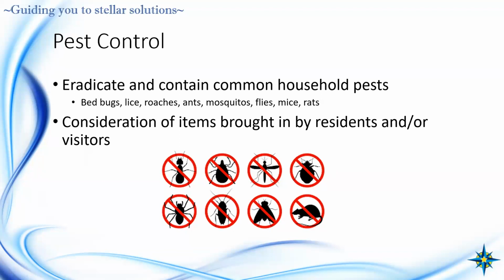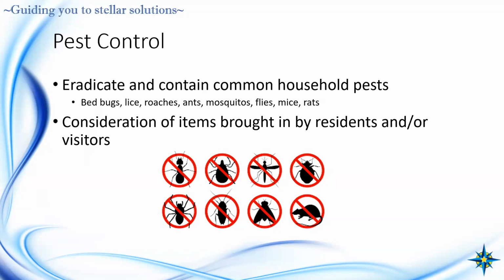That is one of the main ways that we end up, especially with things like bed bugs, because they're bringing in resident care items from the outside that may have been infested and then bringing it in. So do you have a process for that? Does it have to go through your environmental services first and maybe be decontaminated or disinfected? Those are things that need to be considered.